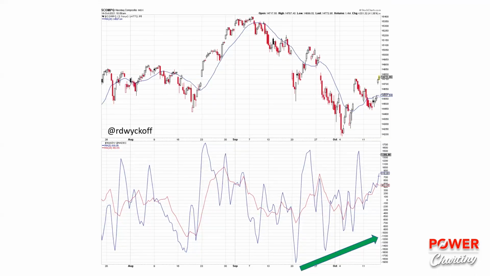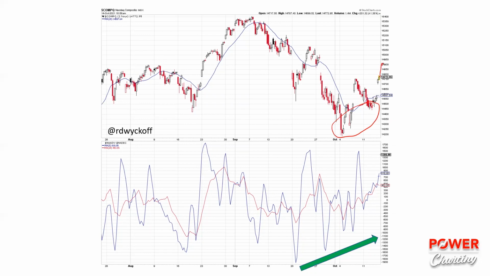This is the NASDAQ Comp with the NASDAQ Advanced Decline Oscillator. This is a 2-hour chart, so you're seeing quite a bit of history. We just did the point and figure analysis on this area right here.